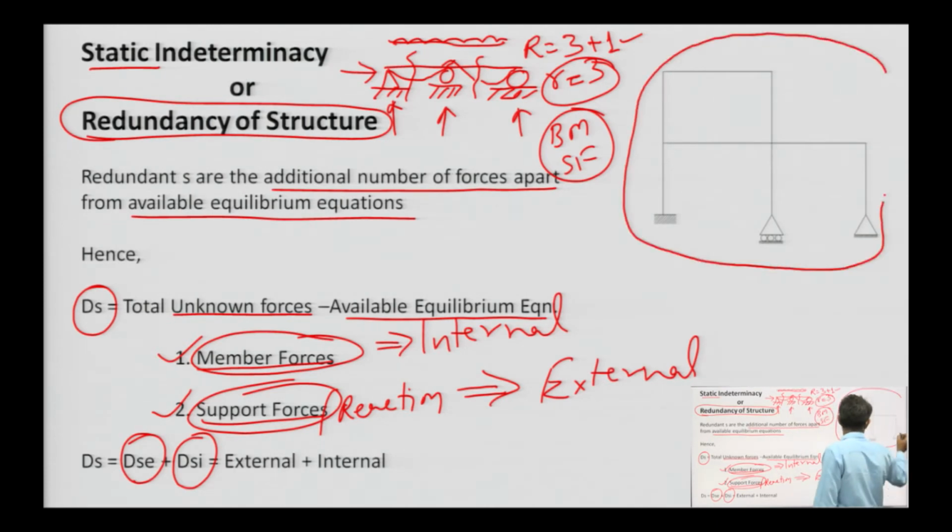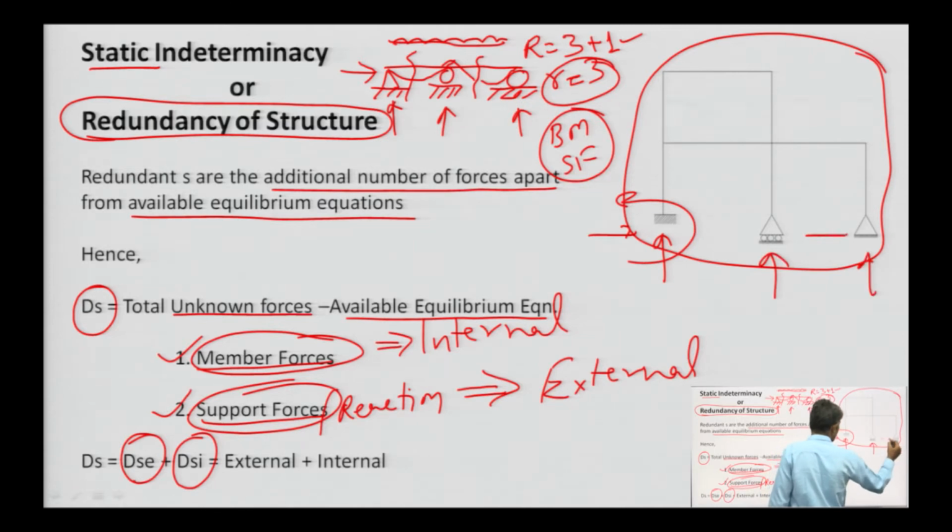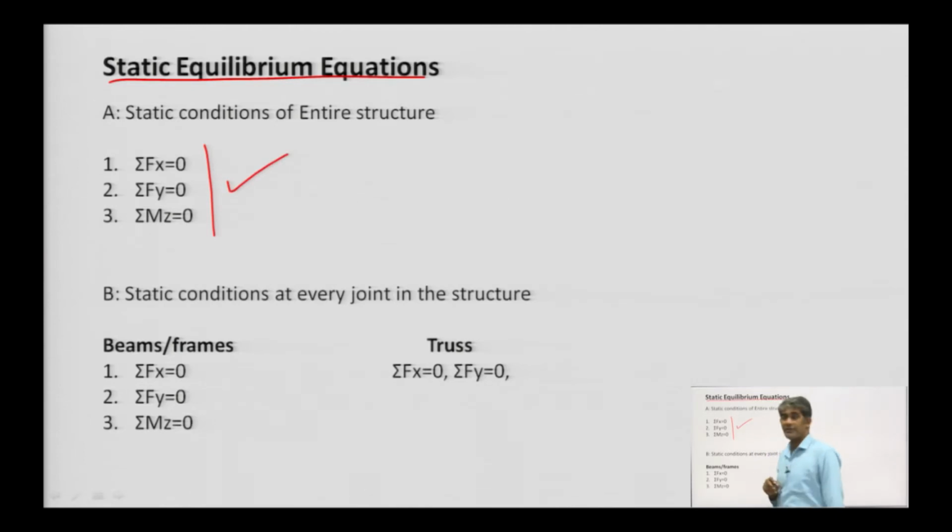Like here, if we want to calculate the support reactions, which are 3 here, 1 here and 2 here, then the entire truss or frame has to be taken as a single unit, and the equilibrium equations in this case will be 3: sigma Fx, sigma Fy and sigma Mz. If the entire structure is taken as a body, it will be in static equilibrium only when these three conditions are fulfilled.